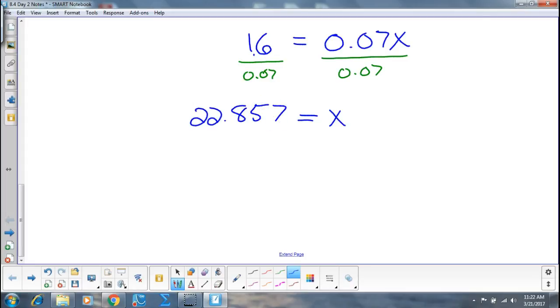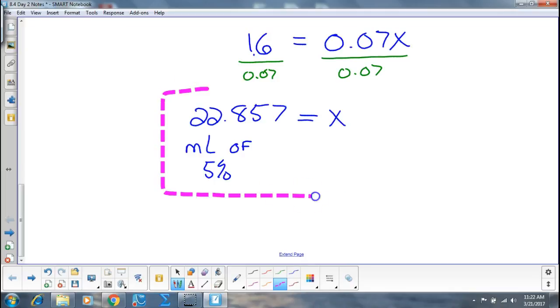And what is that? That's not the concentration. That's milliliters of 5% solution, right? Okay. Questions on that one?